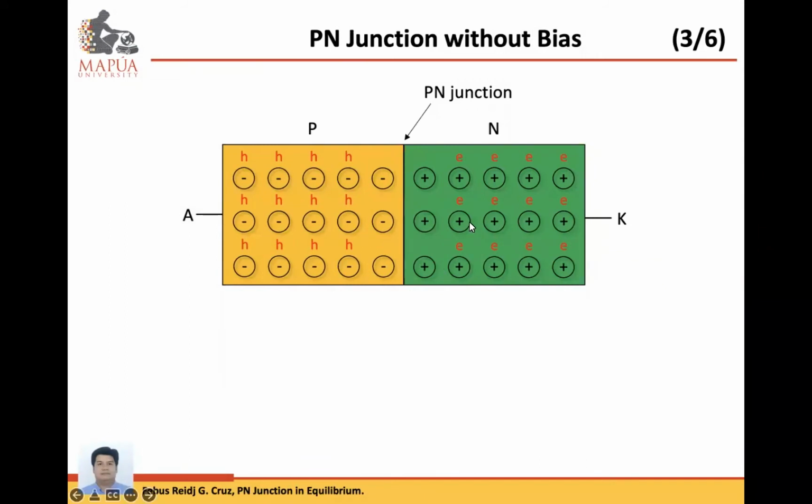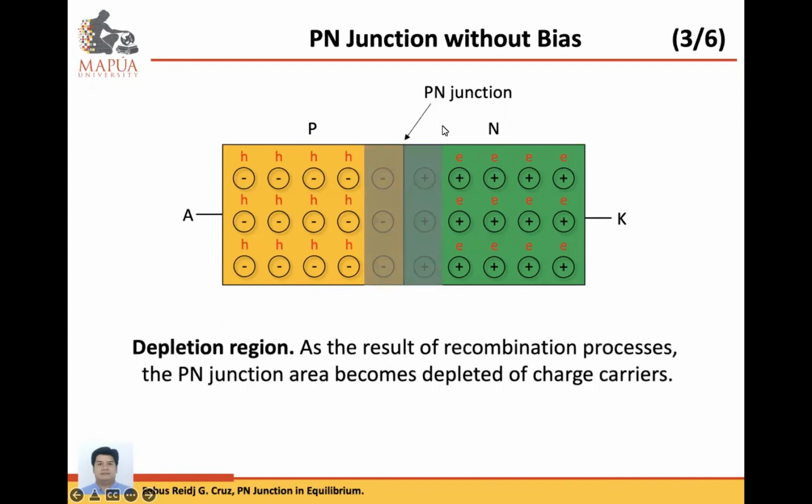After the recombination, we can notice that the free electrons already occupy the holes, so the free electrons already become valence electrons. In this area, we no longer have any free electrons or free holes. This area within the p-n junction is what we refer to as the depletion region.